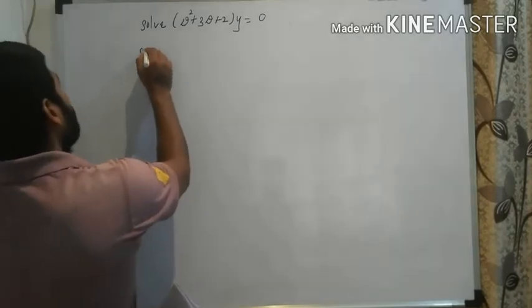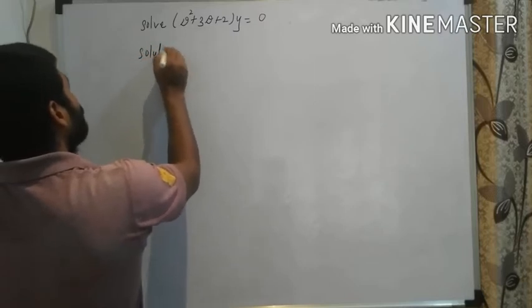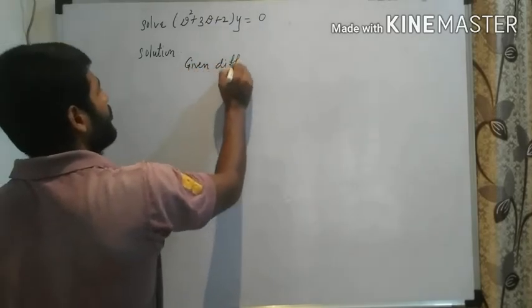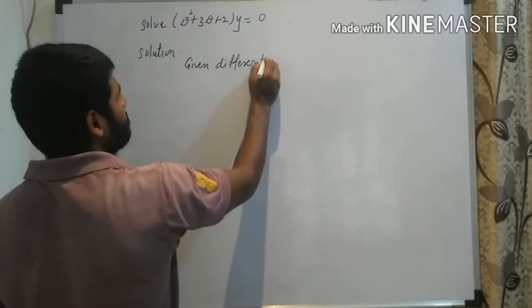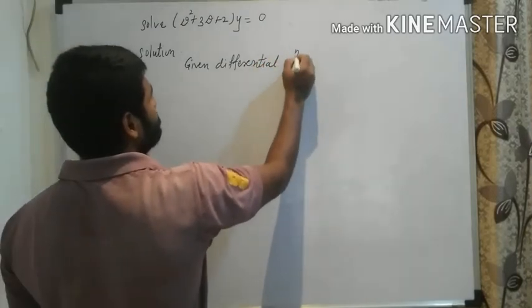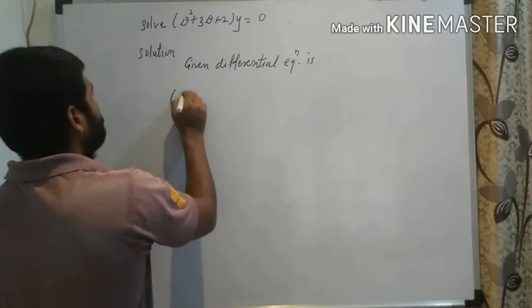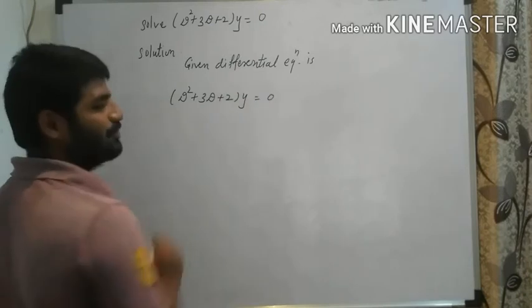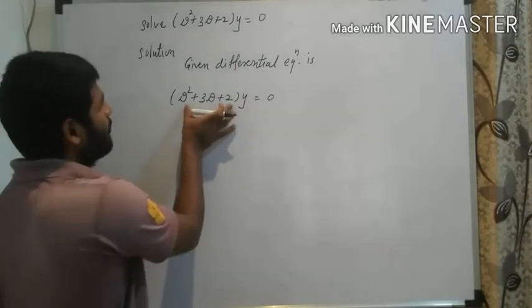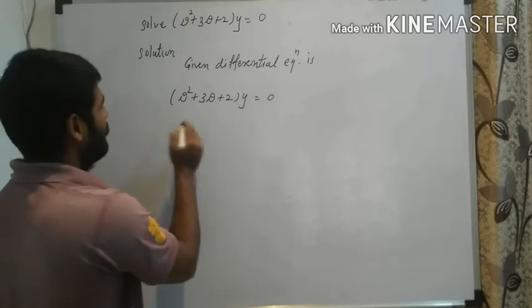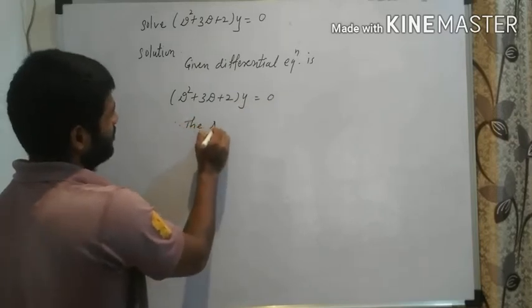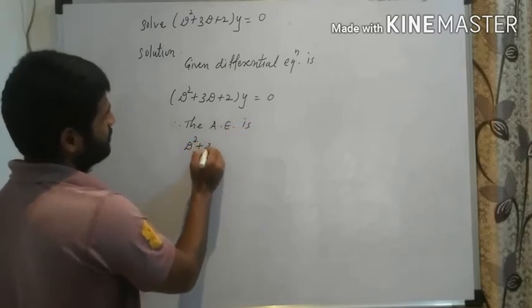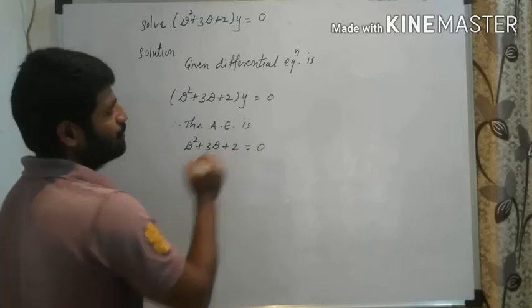So in the solution, the given differential equation is d square plus 3d plus 2 into y is equal to 0. So this is of the form f of d into y is equal to 0. Therefore the auxiliary equation is d square plus 3d plus 2 equal to 0.